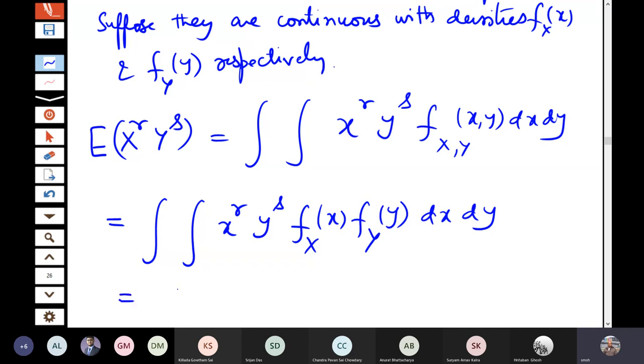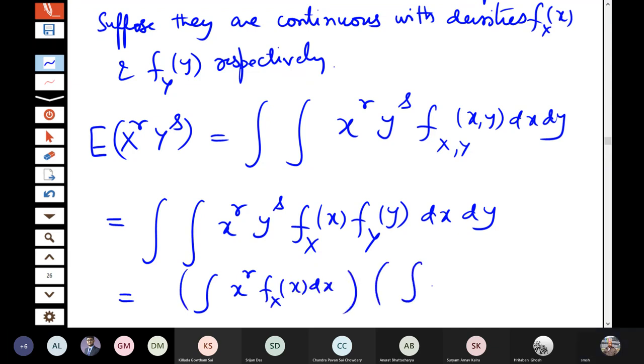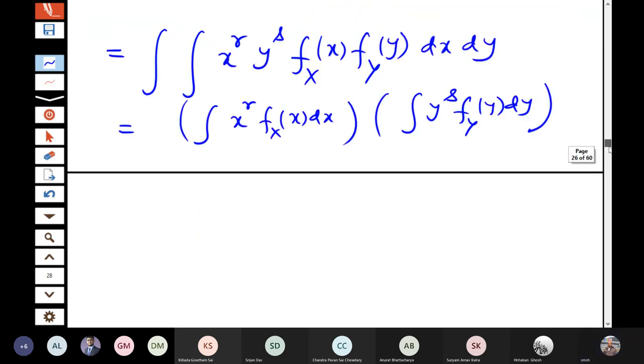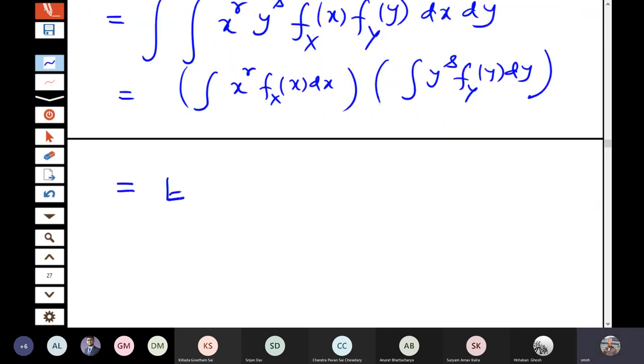So I can split this joint integral as the product of the integrals, which is nothing but the expectation of x to the power r into the expectation of y to the power s.